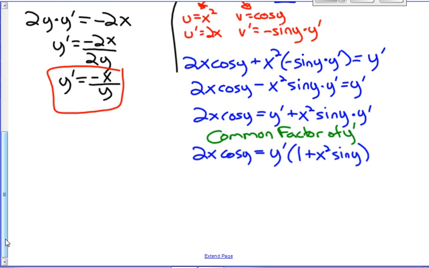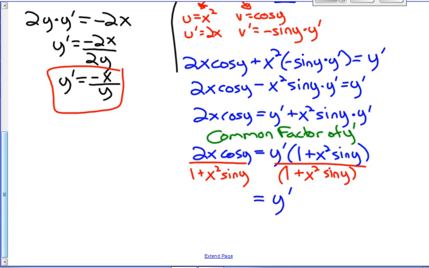And to finish it off, to get y prime on its own, I just need to divide by this on both sides, 1 plus x squared sine y. So in the end, our expression for slope is 2x cos y all over 1 plus x squared sine y.